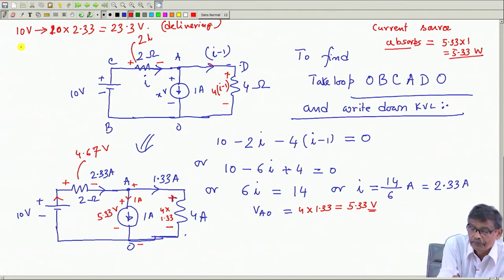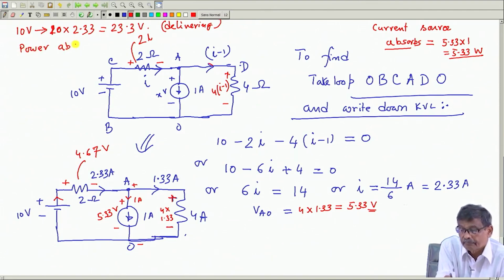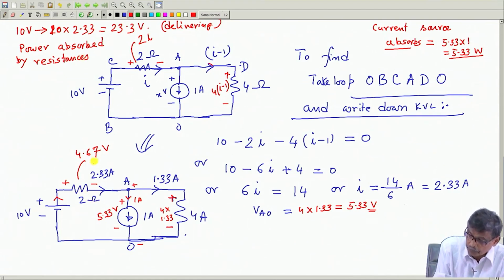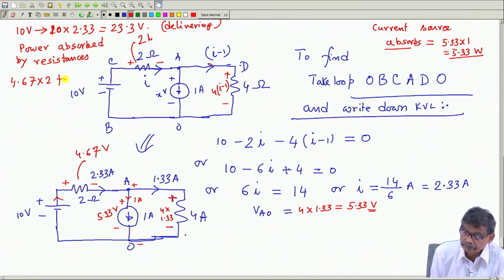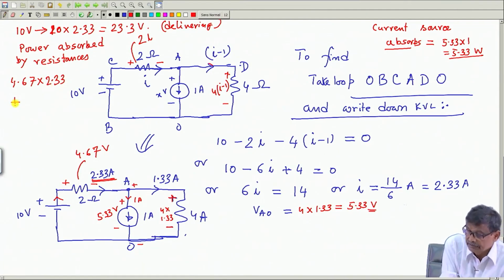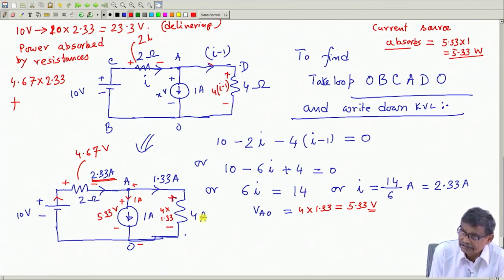The power absorbed by resistances will be how much? 4.67 into 2.33, plus the power absorbed by this resistance, which is 4 ohm. Please correct that, this is ohm, not ampere, sorry for that.